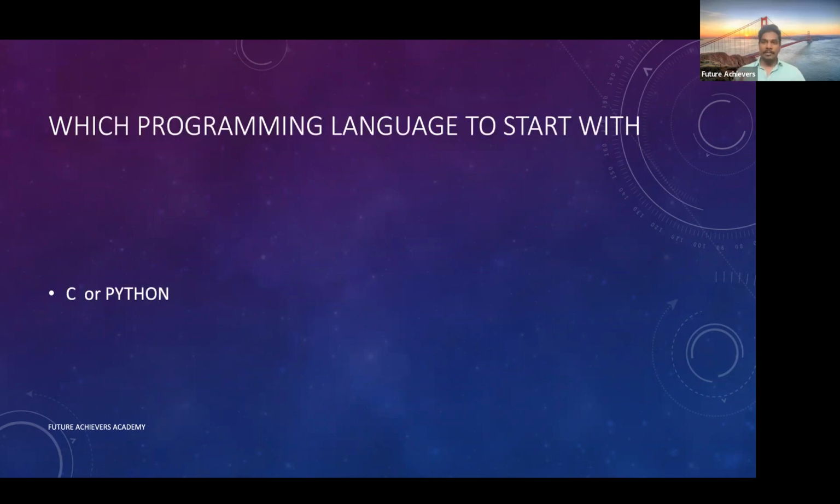Which is the programming language to start with? If you are a fresher, I recommend starting with C or Python. If you want to go on and learn C++ and Java, start with C, because then you have a solid foundation for C++ and Java. But if you start with Python, learning C++ and Java will be difficult, because Python does not declare variables with type.